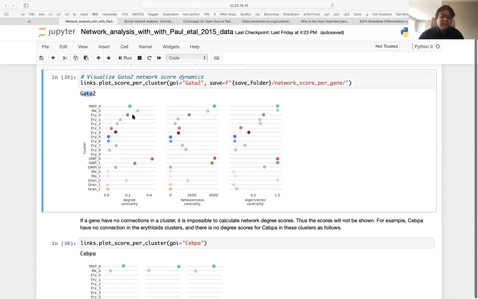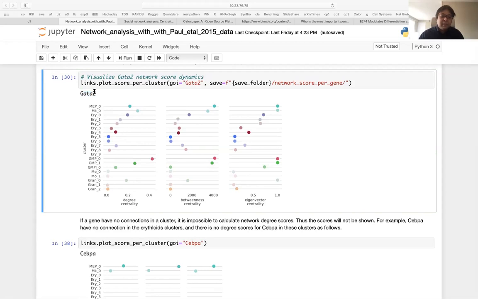In this figure, the GATA2 score, for example degree centrality, decreases over the clusters. In the MAP 0 or MK state, the GATA2 score is really high, but it decreases according to the differentiation.